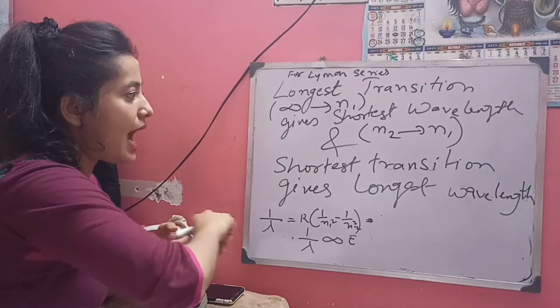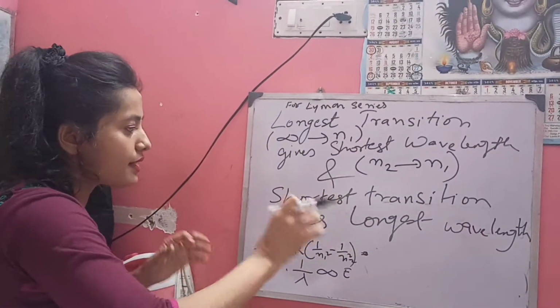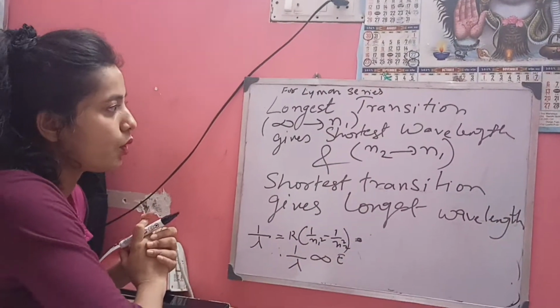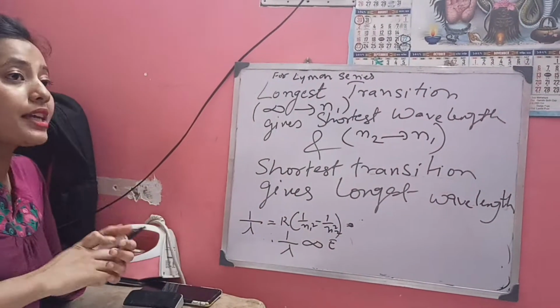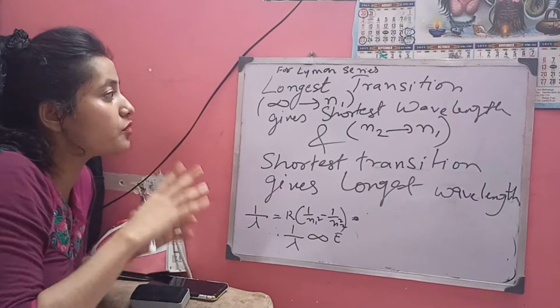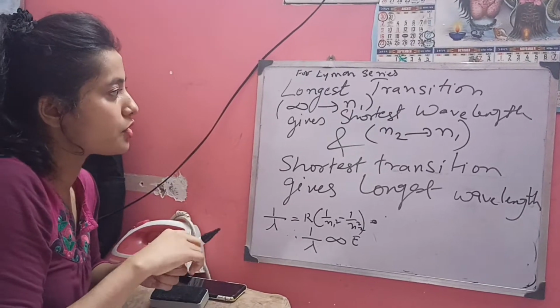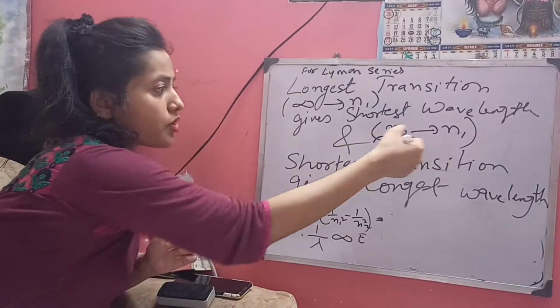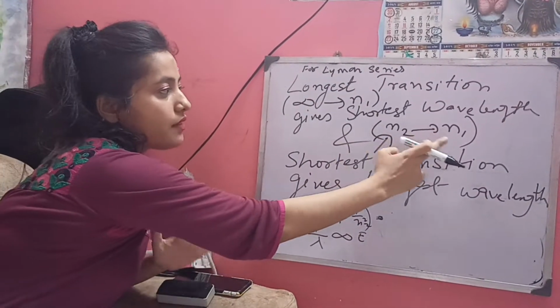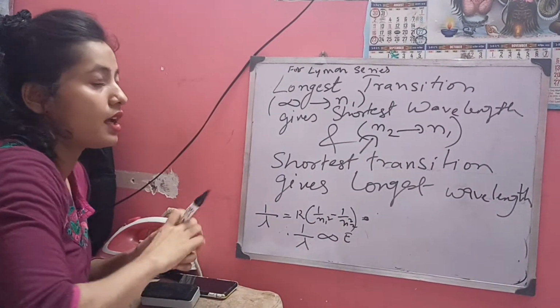And the shortest transition gives us the longest wavelength. So, the longest transition, which is infinity to the first energy level in case of Lyman series, would give us the shortest wavelength. And the shortest transition, that is from the second energy level to the first energy level, would give us the longest wavelength.